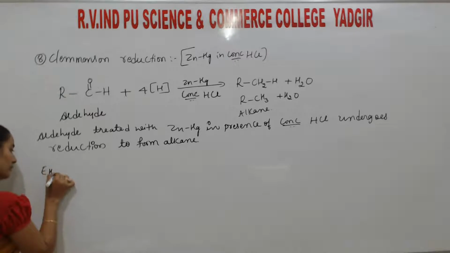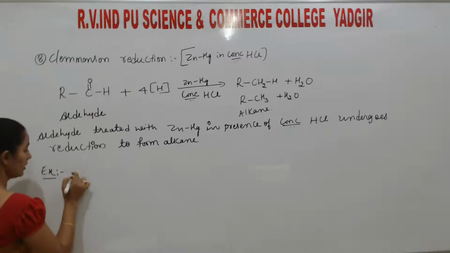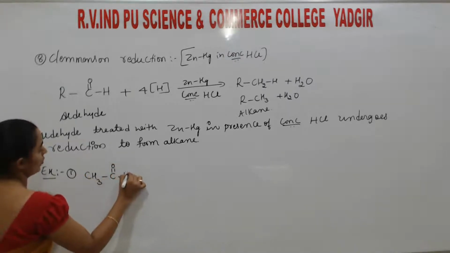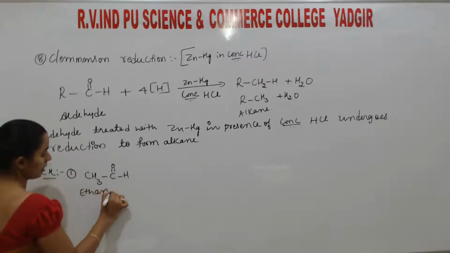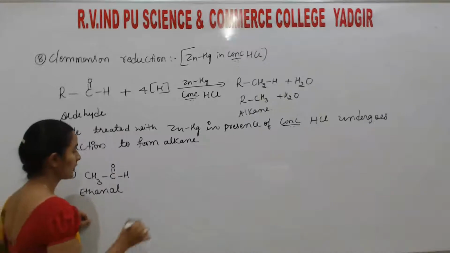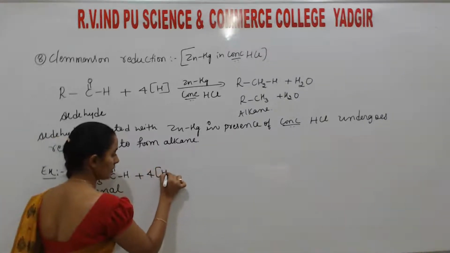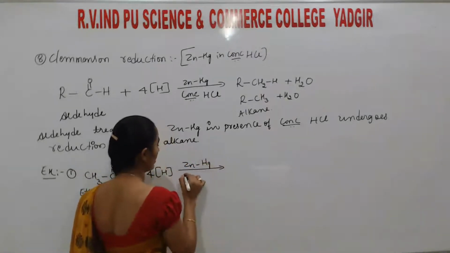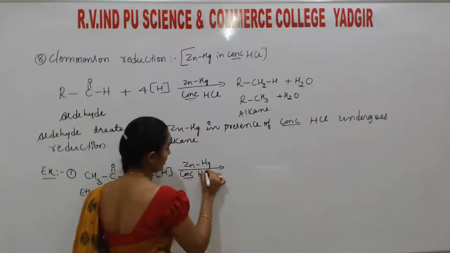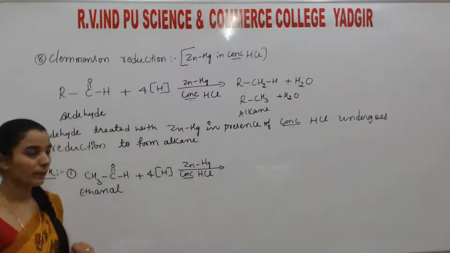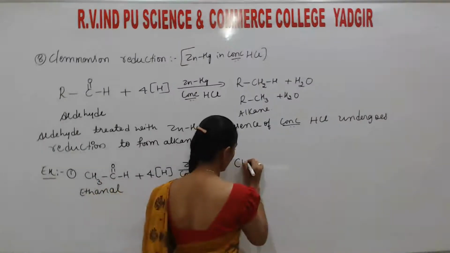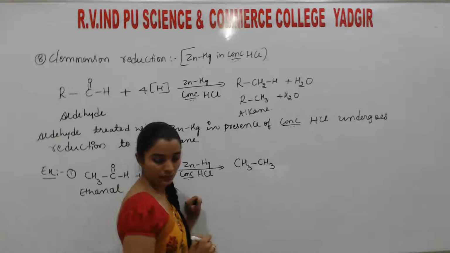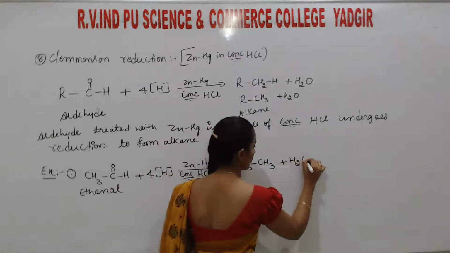Example 1: take CH3 C double bond O H, that is ethanal, which undergoes reduction in presence of zinc amalgam and concentrated HCl. The product is CH3 CH3 plus H2O.